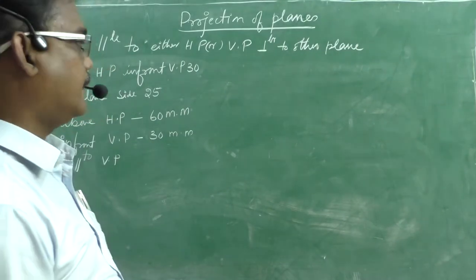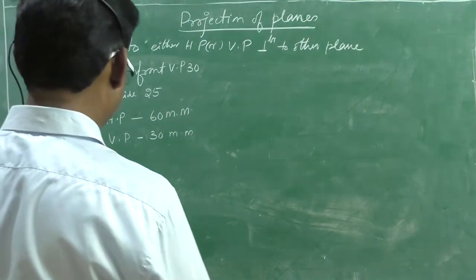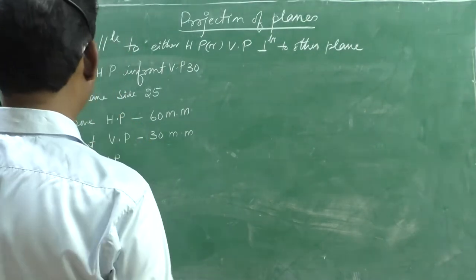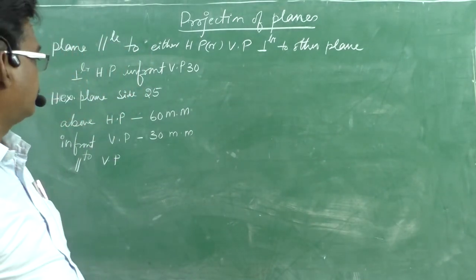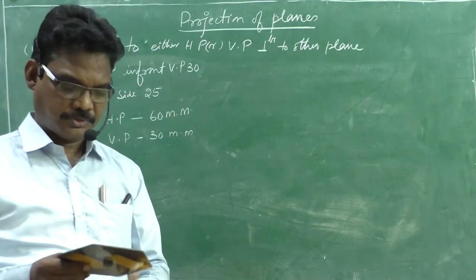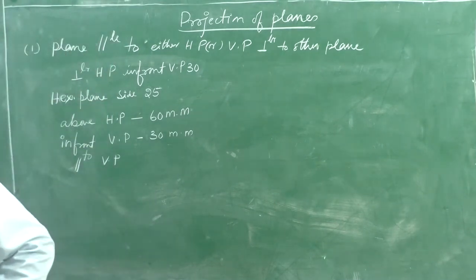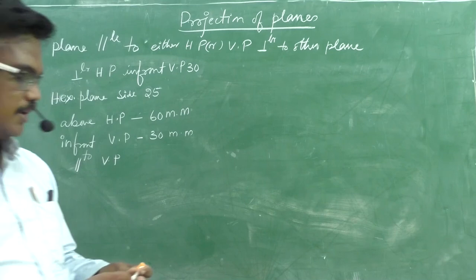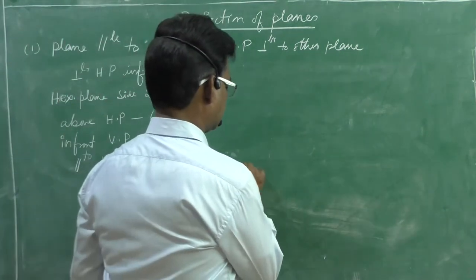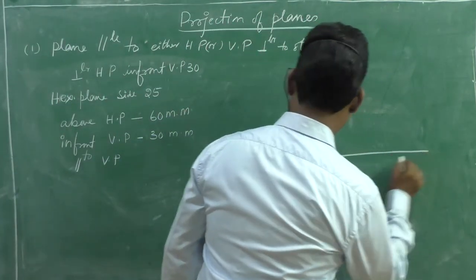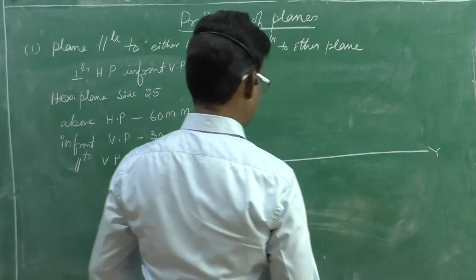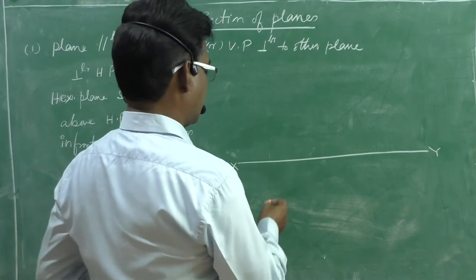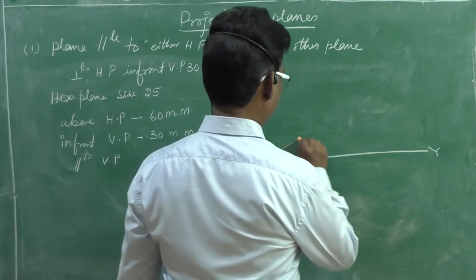Okay, now we need to draw the respective position. When it is inclined with HP 45 degrees, first draw the reference line. Next, a 45 degrees line.